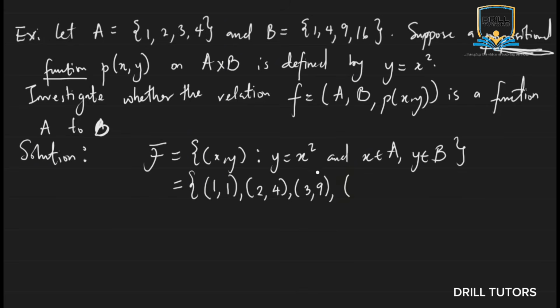And anytime x is 4, you have y to be 16. Now, this is our solution set, and this is exactly what we need. And because this particular relation follows the two rules, which is that each and every element here must have an image here, and in no case do you have one appearing twice as first coordinate element. No element in the domain must have more than one image. So it satisfies the two.